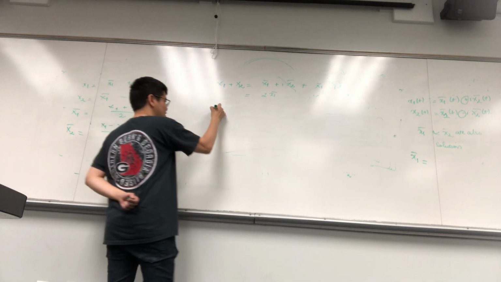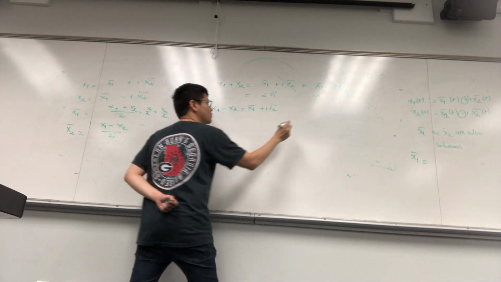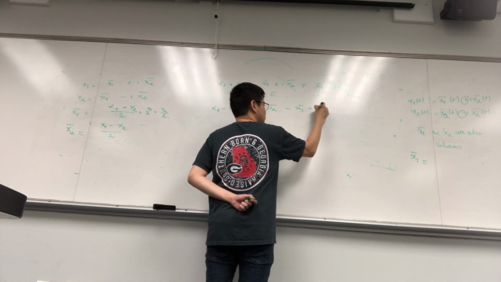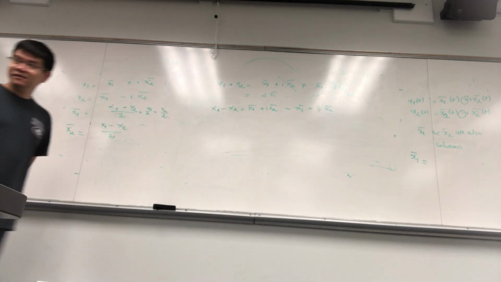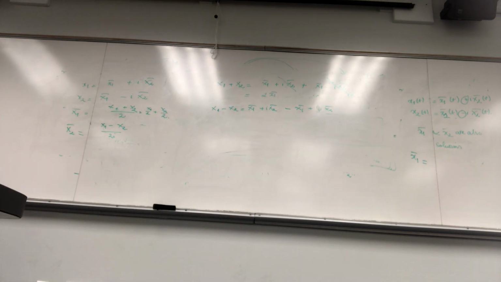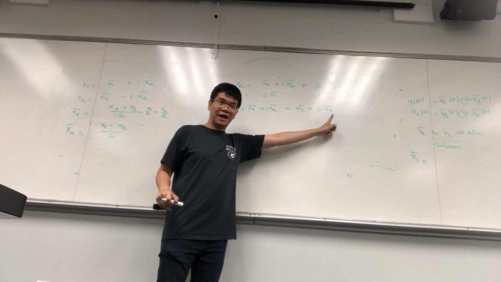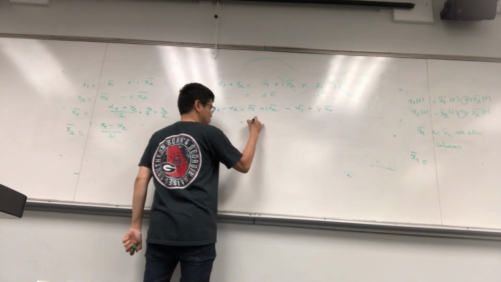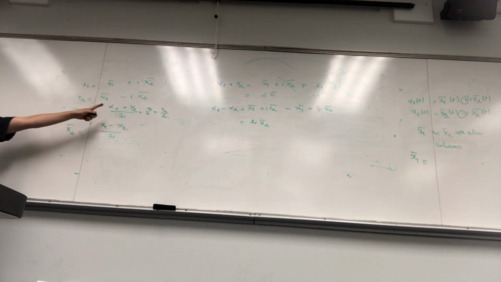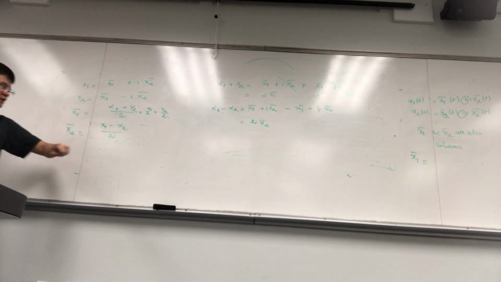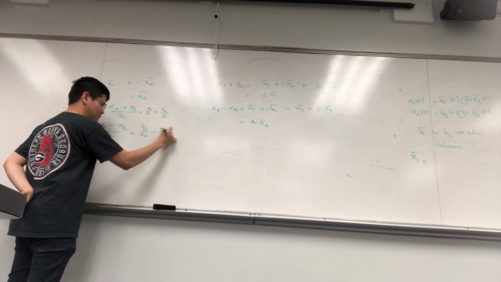Because when you take the difference between x1 and x2, you take x1 bar plus i x2 bar minus x1 bar plus i x2 bar, and you get 2i x2 bar. So x1 bar will be x1 over 2 plus x2 over 2, and x2 bar will be x1 over 2i minus x2 over 2i.